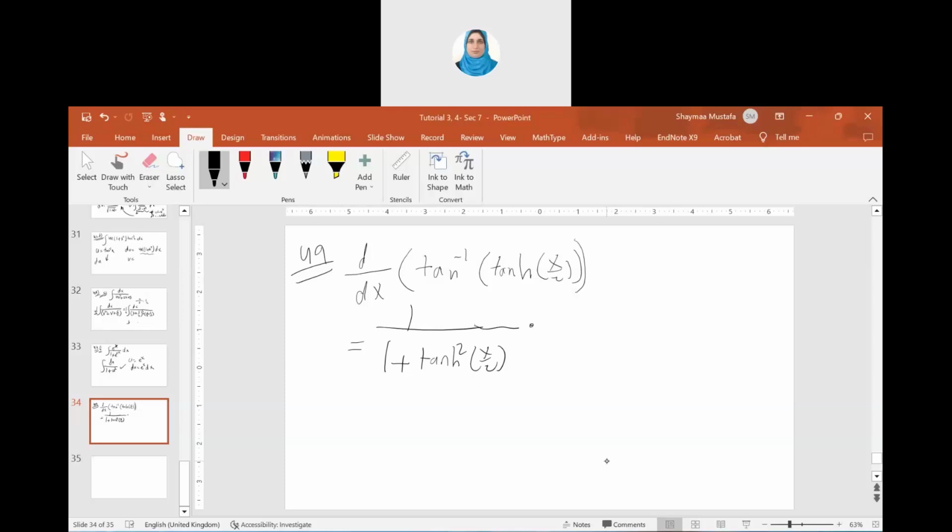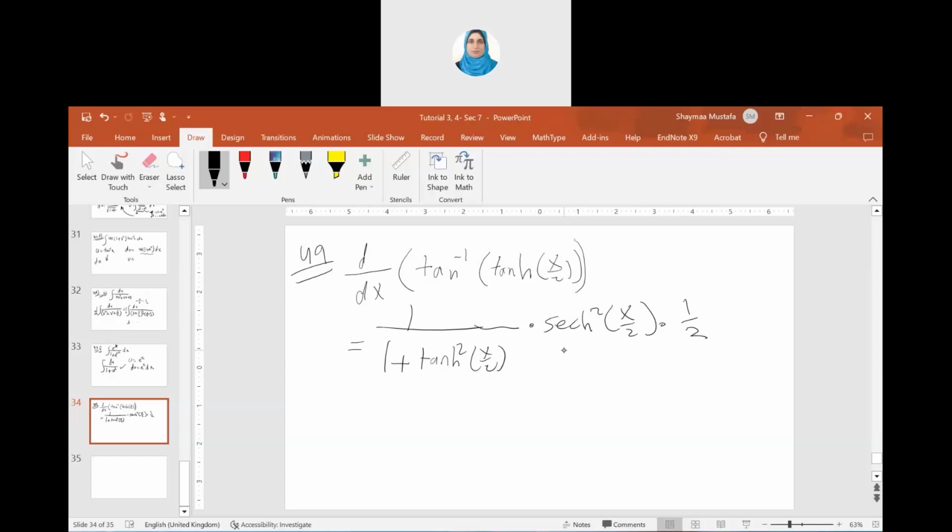The derivative of tan is sec square, and the derivative of x over 2 is 1 over 2. So we have 1 over 2 times sec square x over 2.